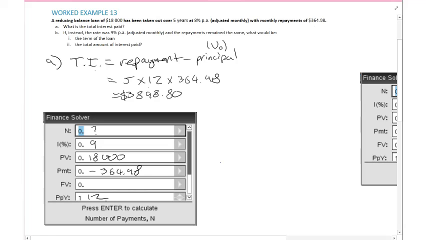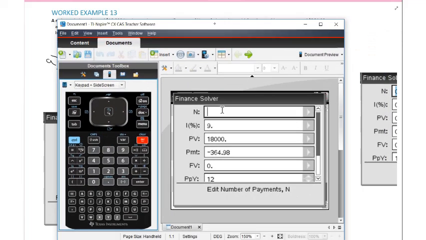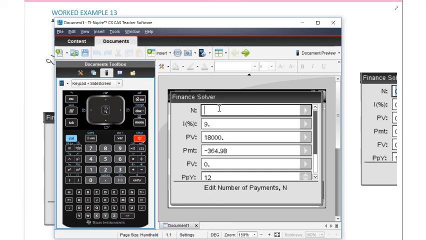So what that means is I put that in the calculator. Amazingly, I've already done that, and I'm going to press enter, and I see that I get 61.81.